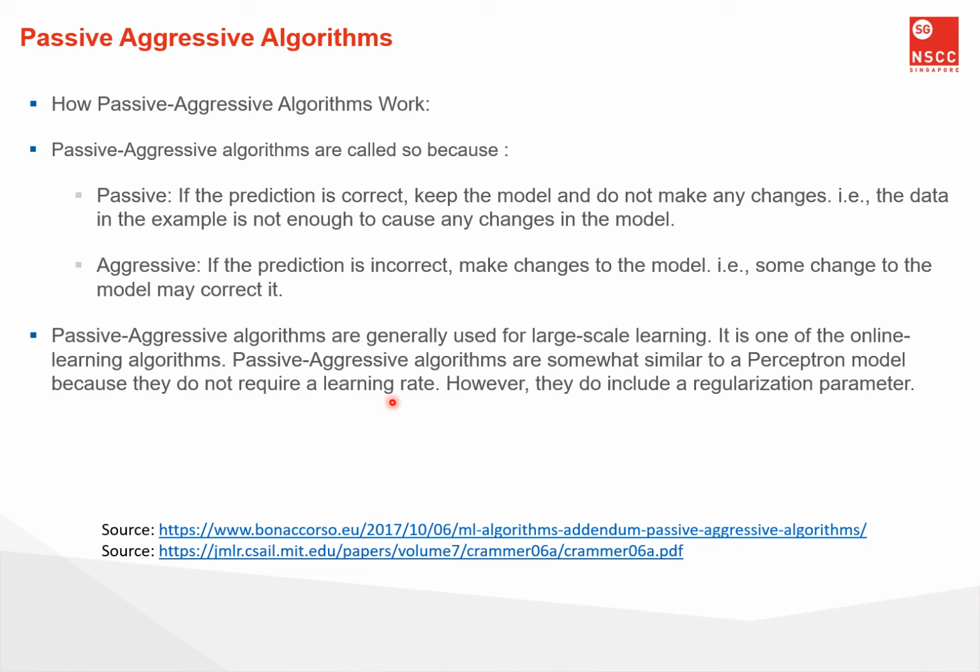So there's no learning rate in the perceptron as well. However, they do include a regularization parameter that you can tune. So they can remove additional complexity that is causing the model to overfit and improve the generalization. This is what regularization generally does, and there's a parameter to introduce regularization into the algorithm.